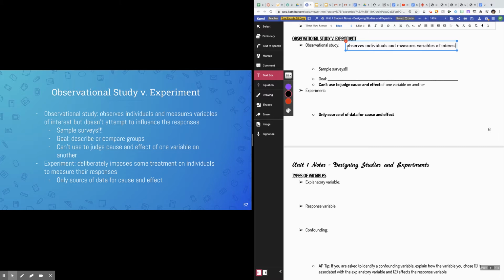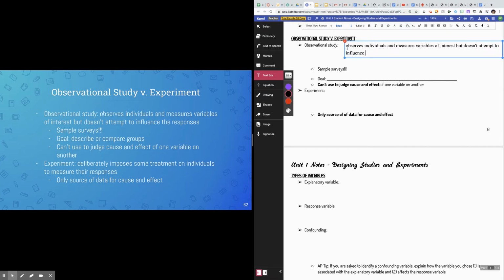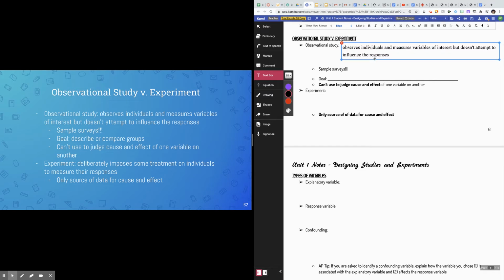If it's an inanimate object, for example, if you're talking about time it took to make it, or length, or material, it can be many different things, right? So in an observational study, you observe and measure variables of interest, but you don't attempt to influence the responses. Okay? You are quite literally just observing what is happening.